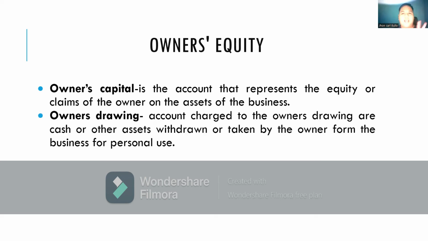The second thing under the owner's equity, we have the owner's drawing. This is the account charged for cash or other assets withdrawn or taken by the owner from the business for personal use. The money of the business is different from the owner's. For example, I am the owner of a business.